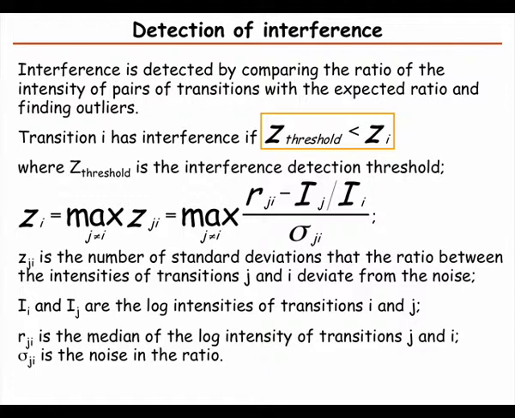The question is then how to calculate the standard deviation, or the variation, of the intensities that we get from our repeat measurements. We can calculate that, and the other thing is that we always use log intensities for these calculations.